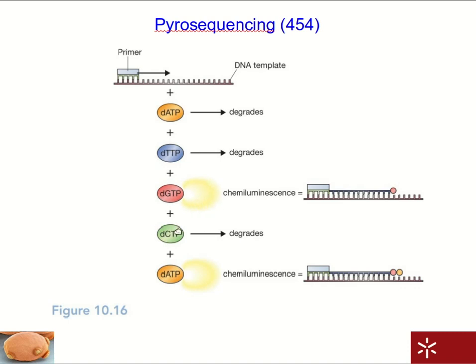Then we continue to the next, the dCTP, which is also not incorporated, and then we go back to adding dATP, which is in this case incorporated. Since all 4 nucleotides are added in a sequence like this, only one of every 4 will give you a signal.